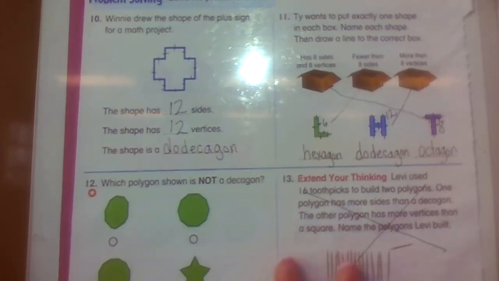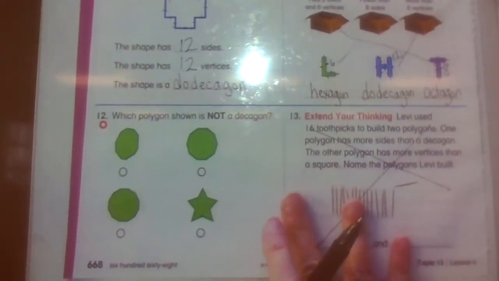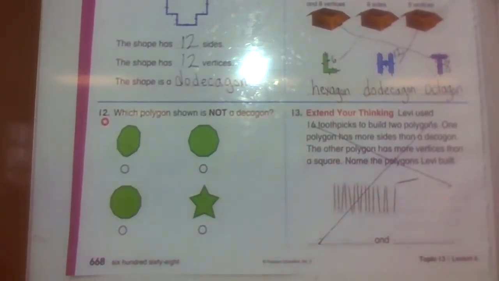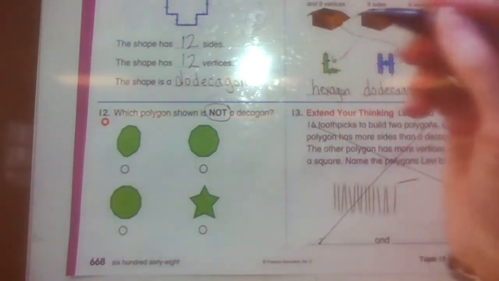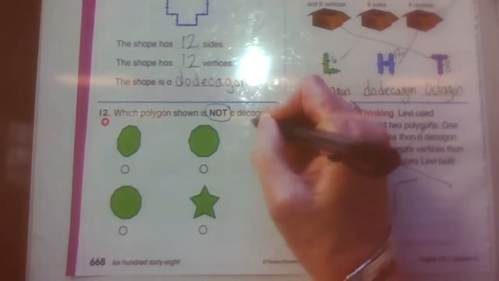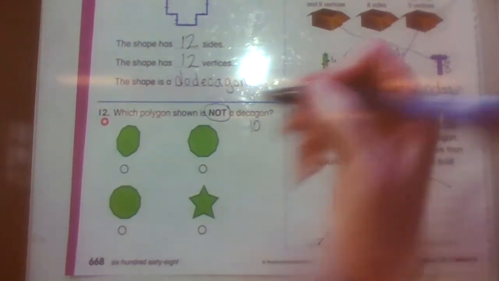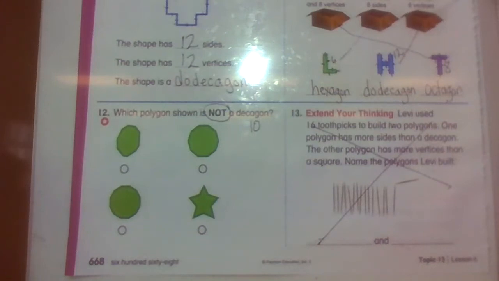Okay, now we're going to do number 12. Number 12 says, which polygon is not a decagon? All right, a decagon has 10 sides.